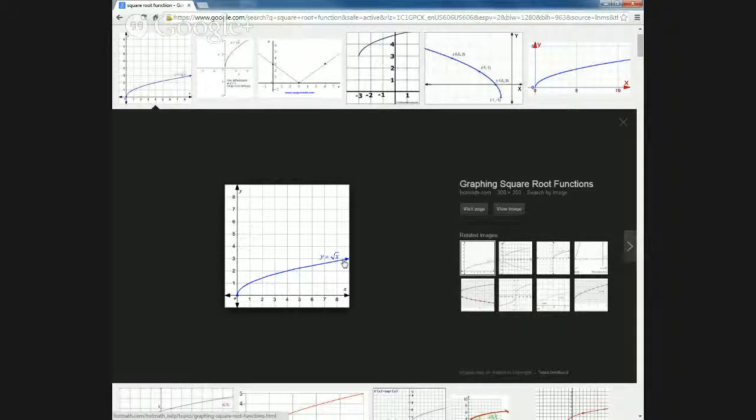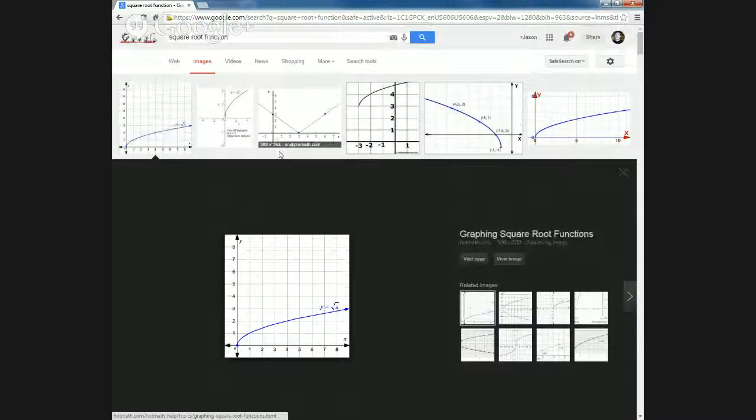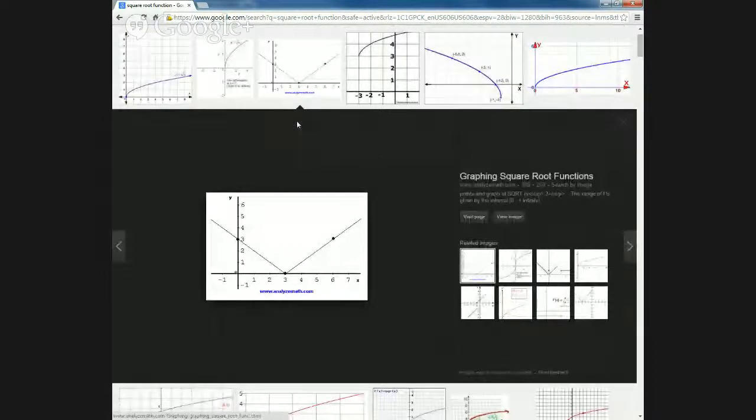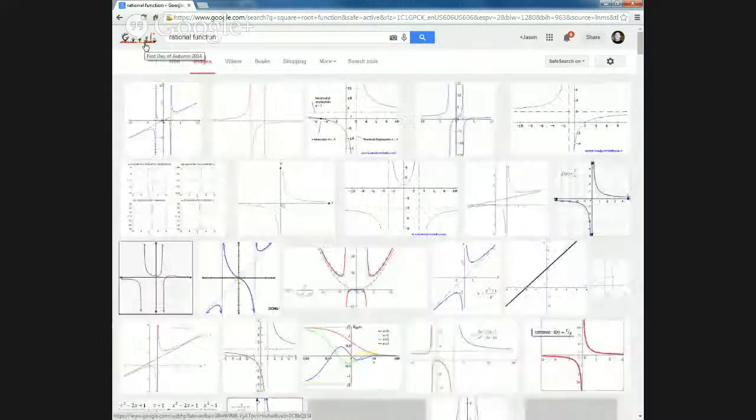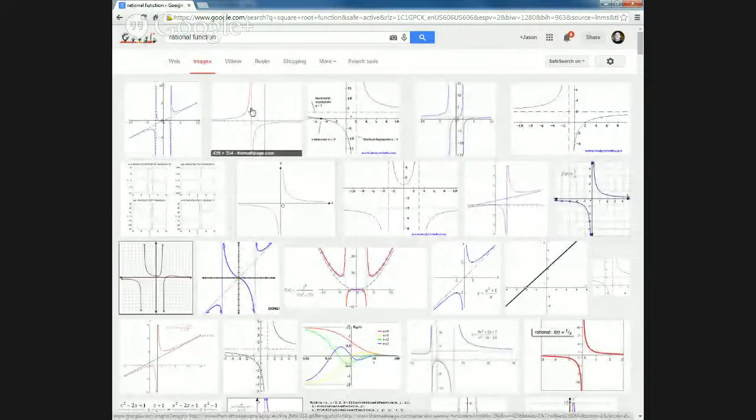Okay. What does absolute value look like? It's just the v. You know that v. Okay. One of the other new ones is a rational function.